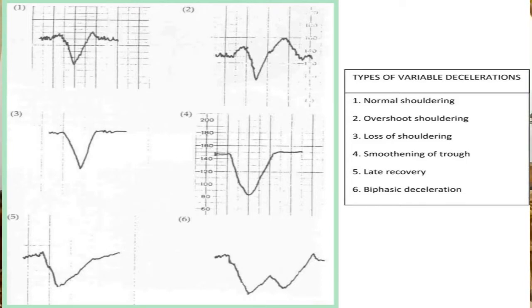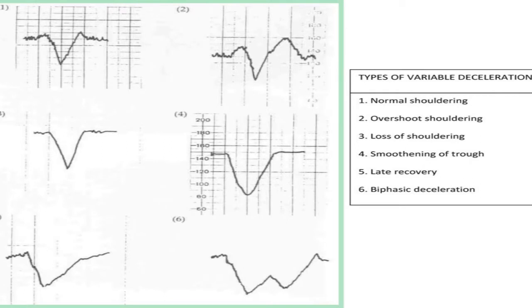If there is no shouldering, if there is a failure or inability to return back to the baseline heart rate, or biphasic variable deceleration, these are concerning features, and also lack of variability during the variable deceleration.